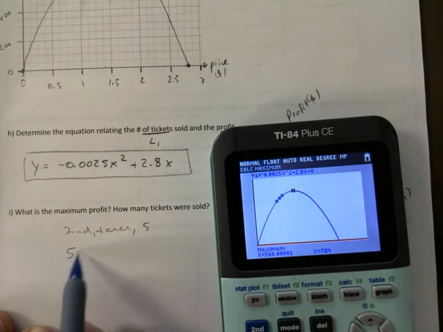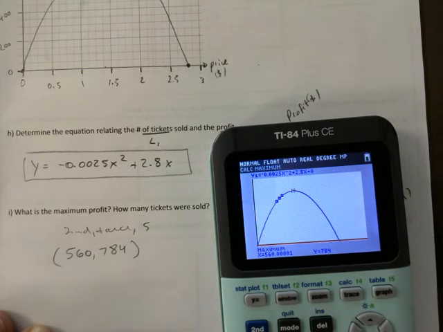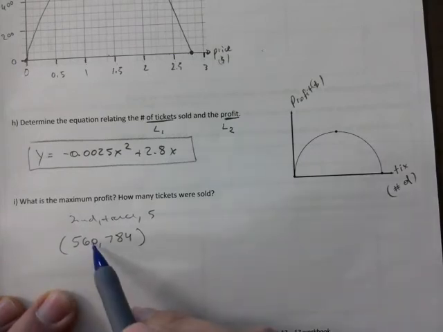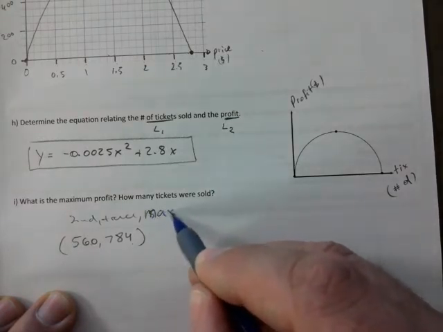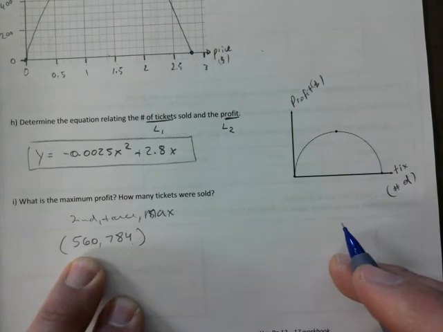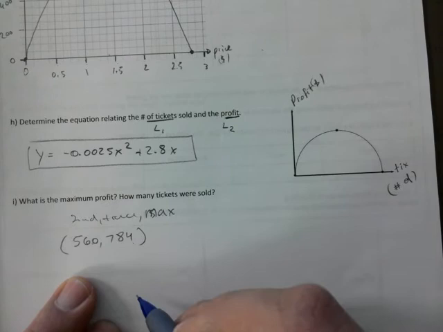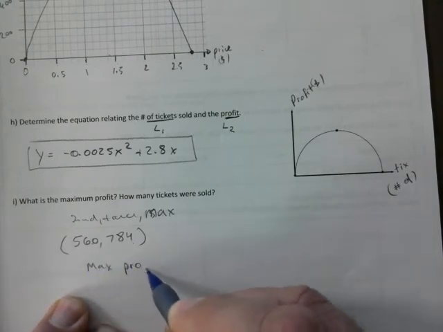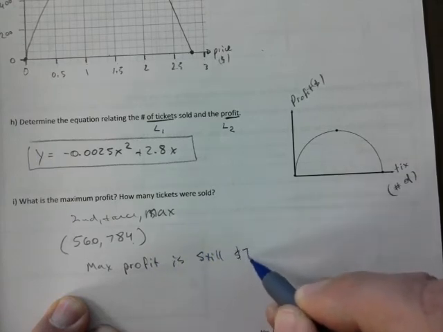And that's 560, 784. Do you recall seeing 560 at some point? Previous page, remember? D on the previous page. We figured out that we would sell 560 tickets at that. So this is supposed to say max here. Okay. Yeah, it's not 5, it's 4. So max profit is still 784.